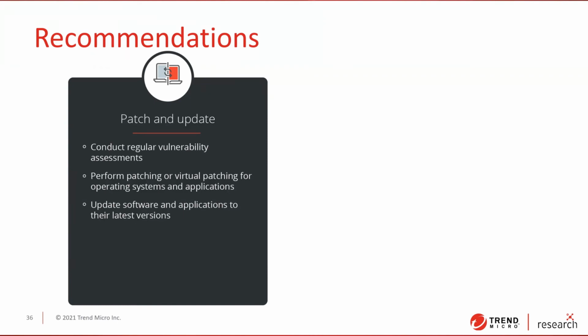Look to see if it has public proof of concept code available, or if it's actively being exploited in the wild. Those are the types of vulnerabilities that you absolutely need to patch immediately, or have a virtual patch associated with. And then update software and applications to the latest versions, especially your security software.